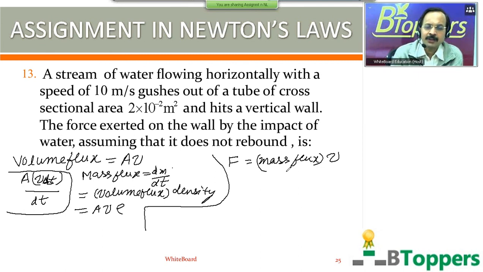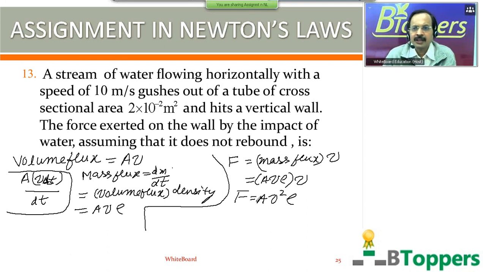That is, the mass of the water flowing per second into velocity of flow gives you the momentum of the water flowing out per second, or rate of change of momentum of ejecting water. That gives you the force exerted on the ejecting water by the pipe. That you can write A v rho into v, or A v square into rho.